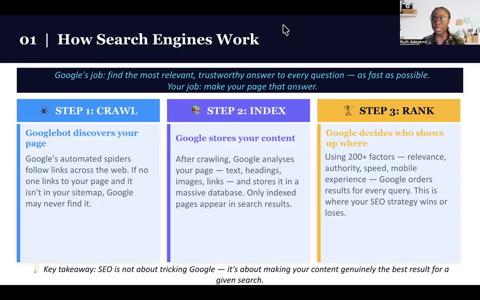What does indexing mean? I'm sure you can see it on the screen, but just follow along so you really understand this. Indexing simply means this. Let's say I just published a page that talks all about the pharmaceutical industry.